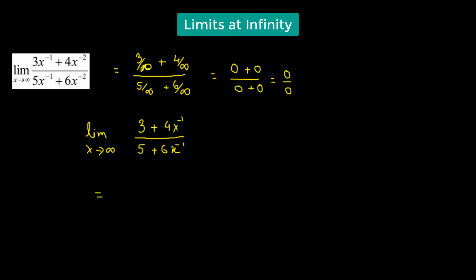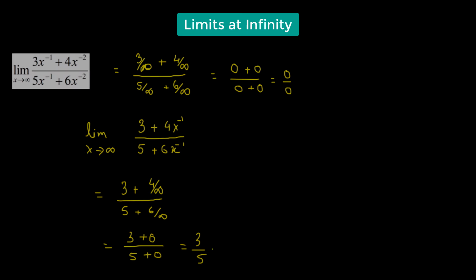Now when we substitute for the value of x, we have 3 plus 4 divided by infinity over 5 plus 6 divided by infinity. That leaves us with 3 plus 0 divided by 5 plus 0. So we have a limiting value of 3 over 5.